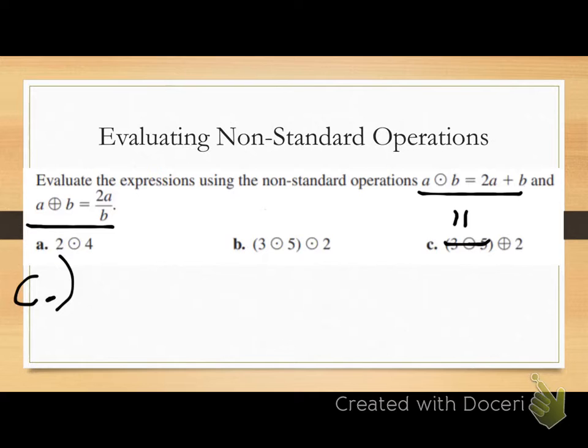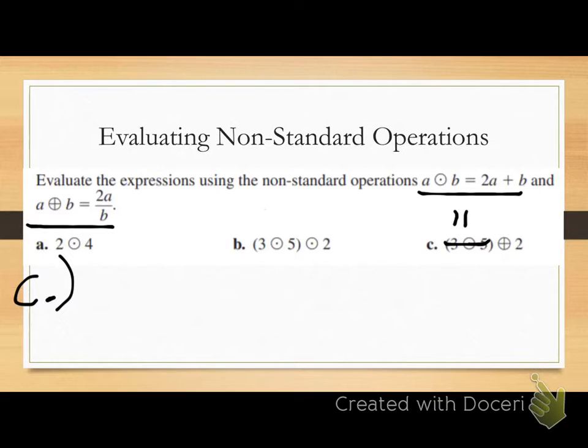Okay, now I have 11 circle plus 2. Am I using my first or my second operation? Second, because it's got a circle plus. I'm no longer using the first one. I'm using the second one because it matches up. Everyone see that? Don't sit there and try to use the circle dot if it says circle plus.